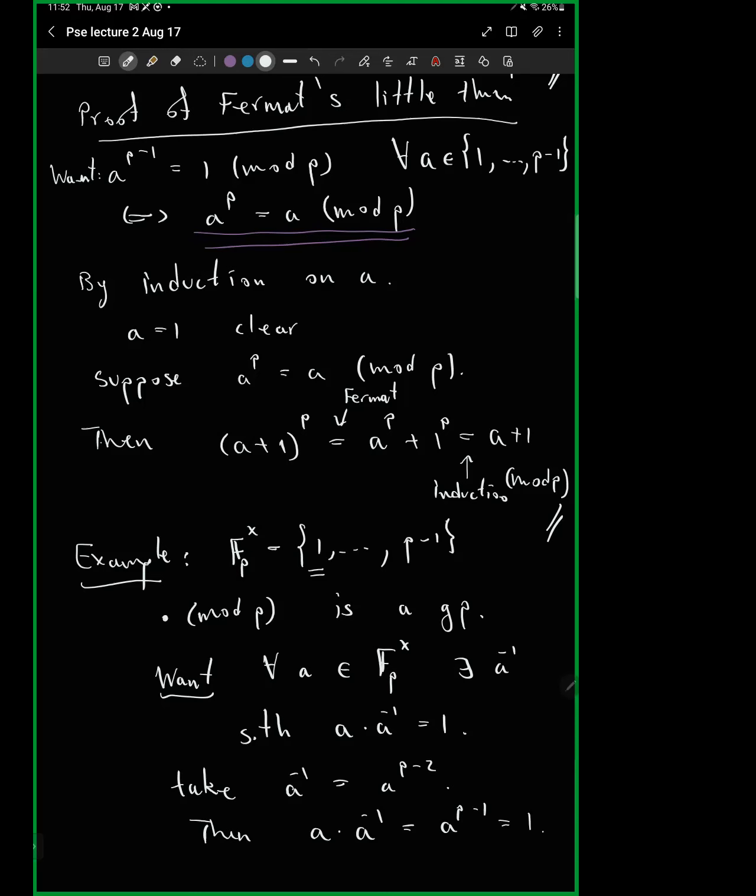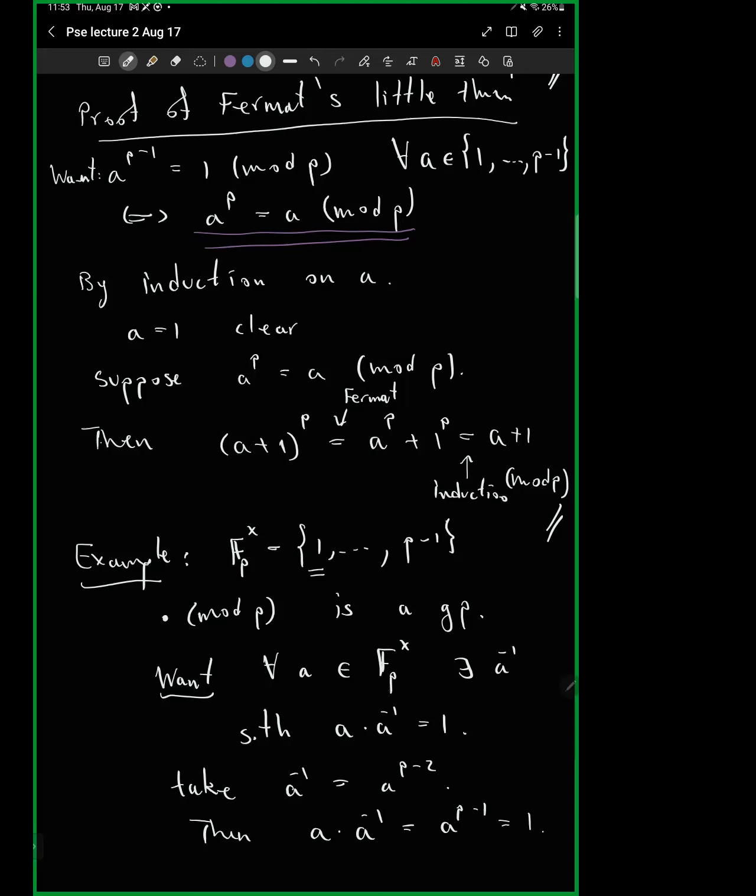We will, of course, discuss fields extensively later on, but for now you can see the non-trivial part is the existence of inverses, and for that you really use the fact that P is prime.